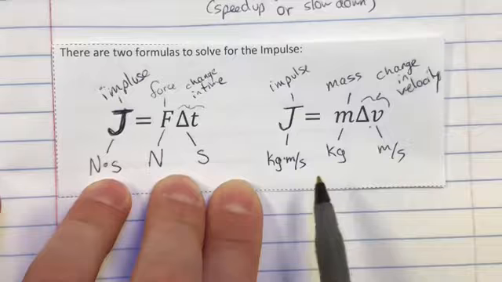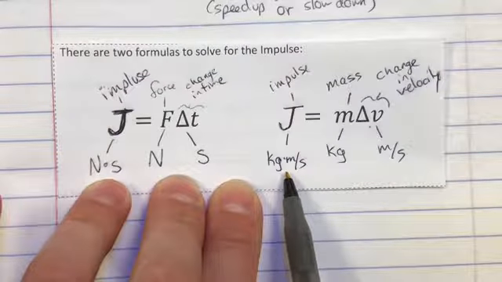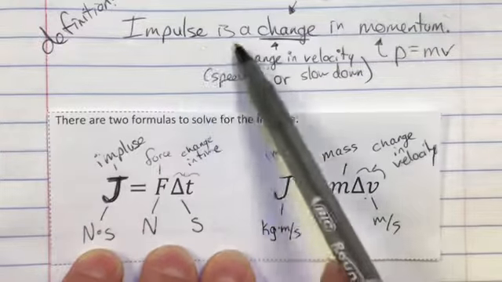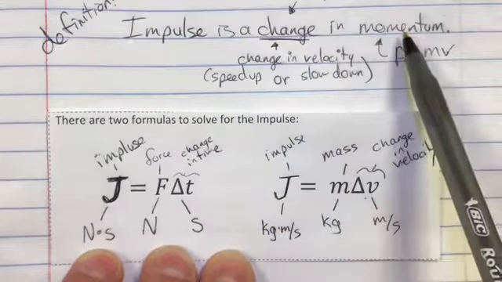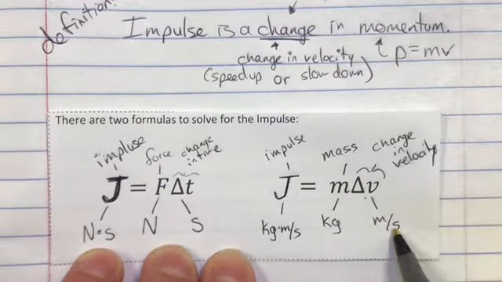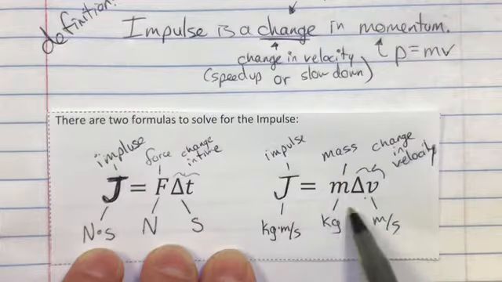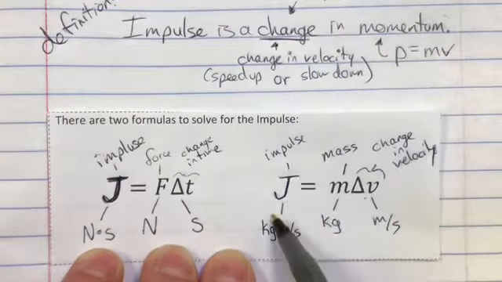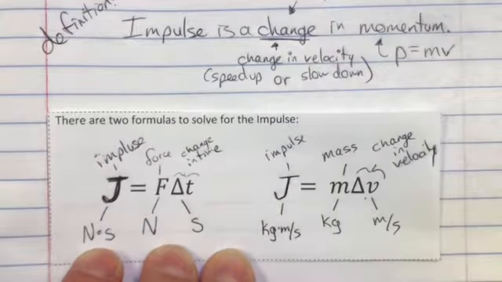What are those the units to measure for? Momentum. All right, which makes sense because impulse is a change in the momentum. Just like a change in the velocity is meters per second, just like velocity is meters per second. Change in momentum has the same units of measure as momentum, kilogram meters per second.